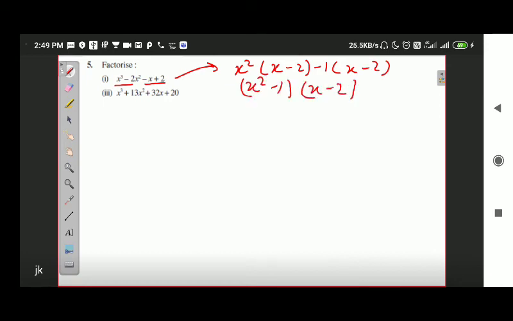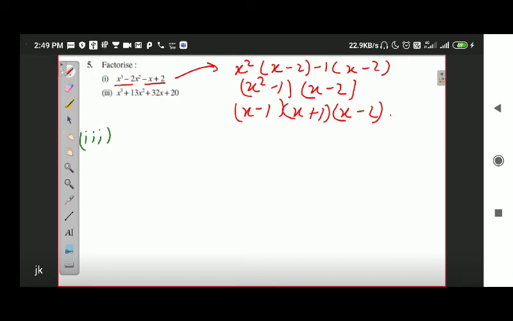On further factorizing it, this will be x minus 1, x plus 1, x minus 2. Fine. So this is quite easy. Factorization of the first one was quite easy. You were just required to make the proper pairs. But the second part is not so easy. The third part actually is not so easy.